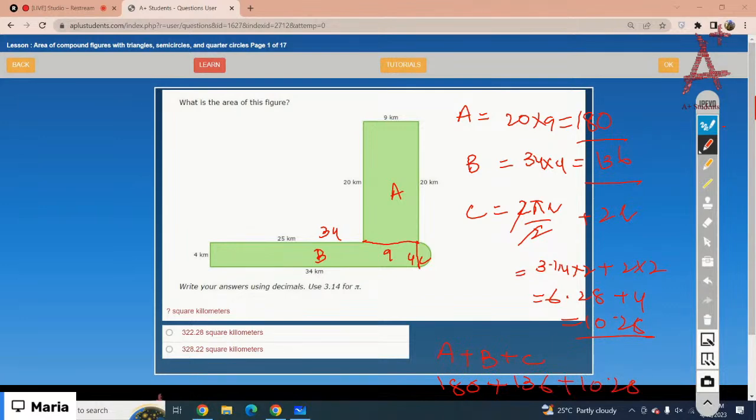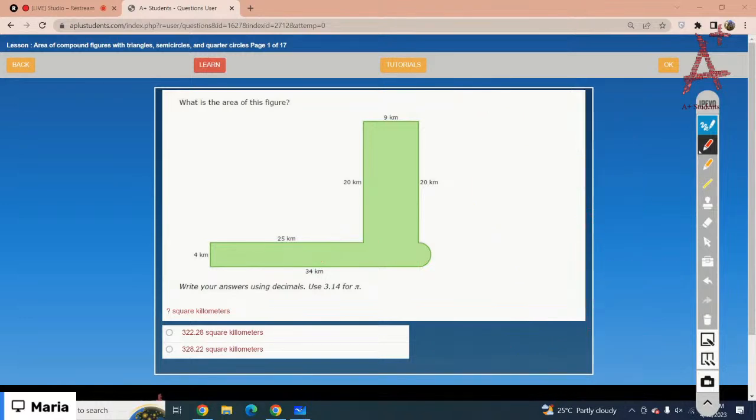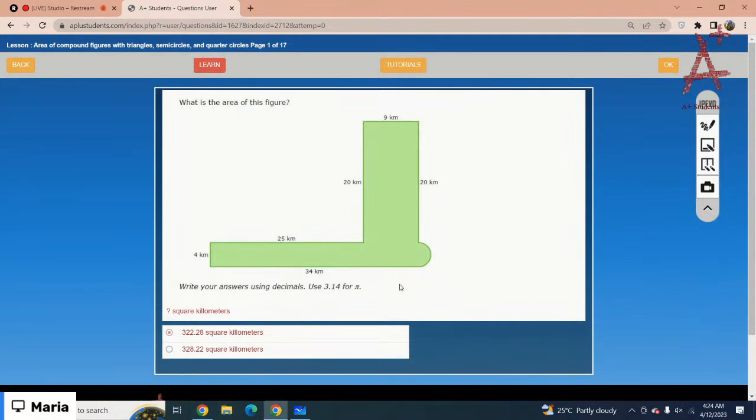It would be 322.28. Option number 1 is the correct option. For the circles, you have to calculate the perimeter. It would be 322.28 square kilometers. Got it, everyone?